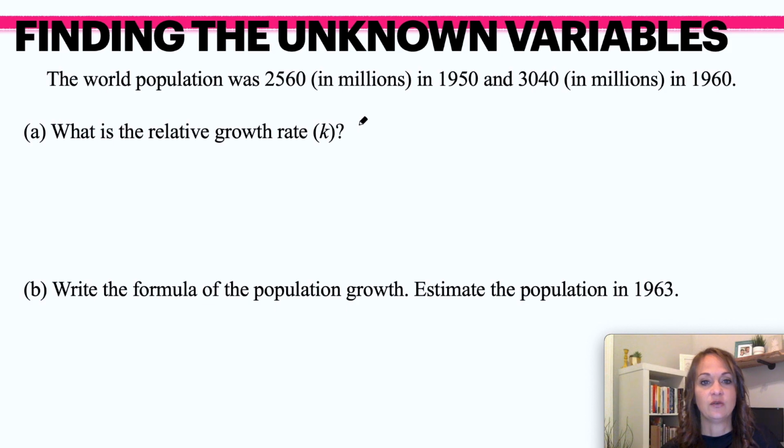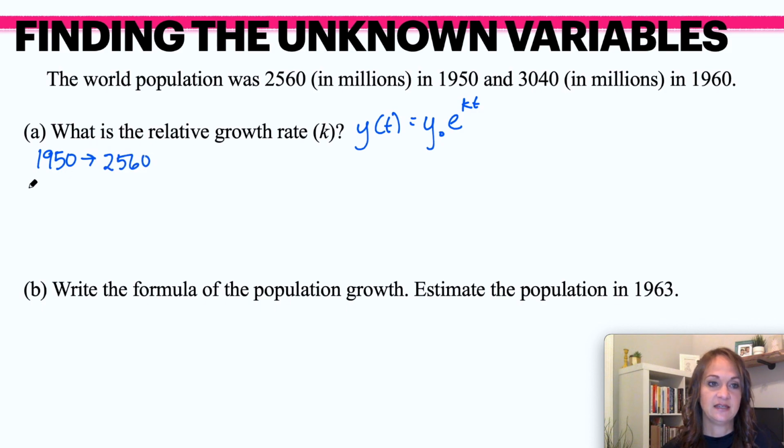So again, we know that the formula is the initial amount times e raised to the kt. Well, we know that at 1950 it is 2560, and then at 1960 it is 3040. So if we represent this being time 0, then this would be represented 10 years later.